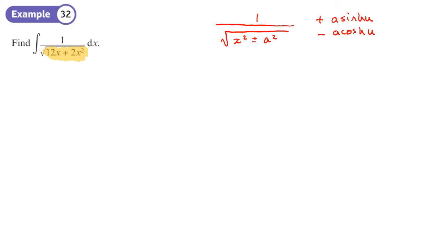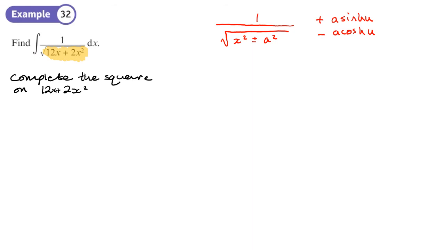If we complete the square on the bottom, we can make it look like this form of x squared plus or minus a squared, then we can proceed from there. So what we're going to do is complete the square on 12x plus 2x squared.